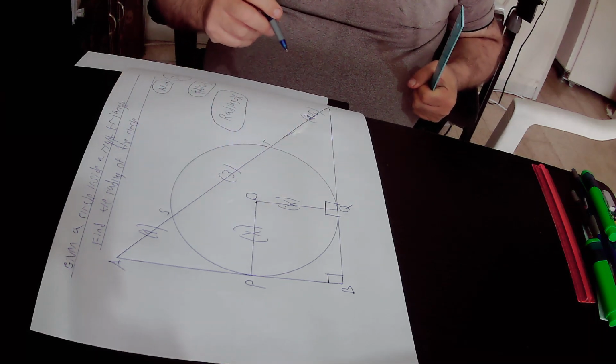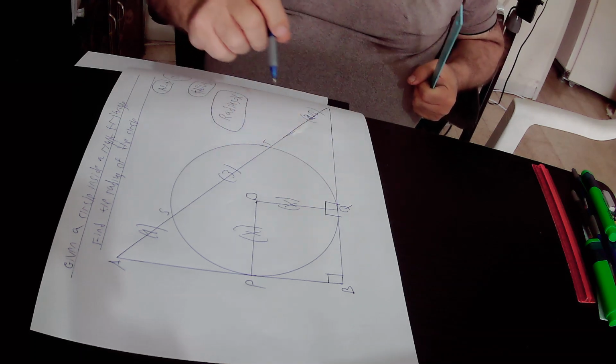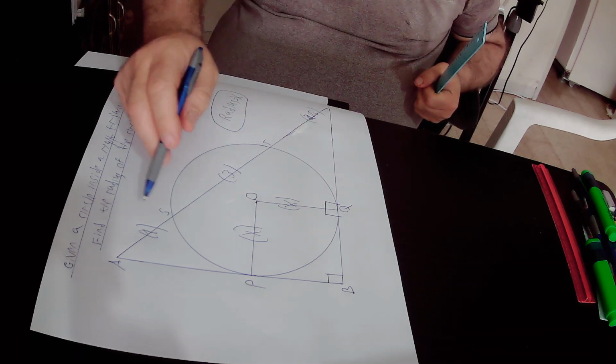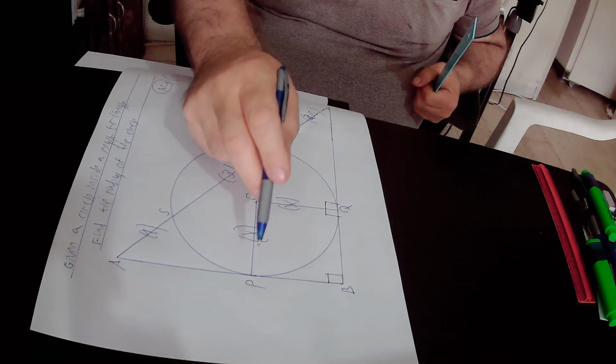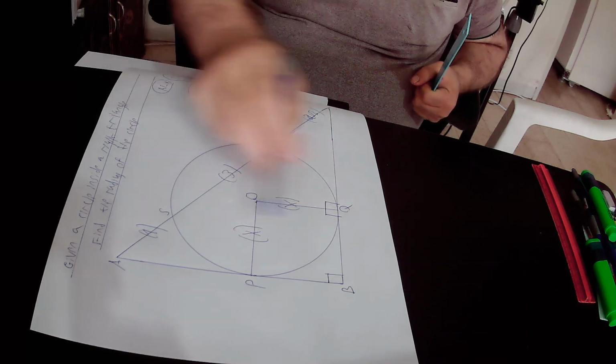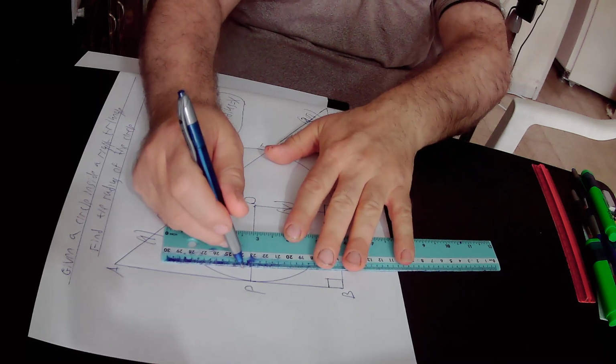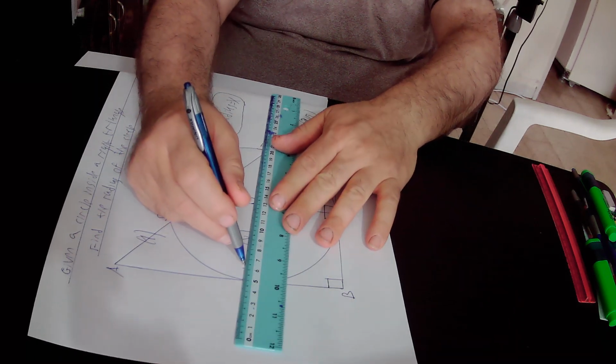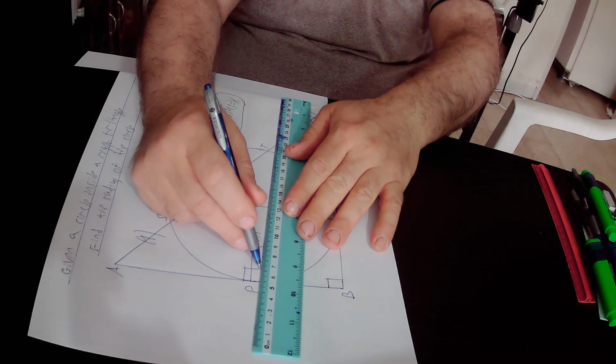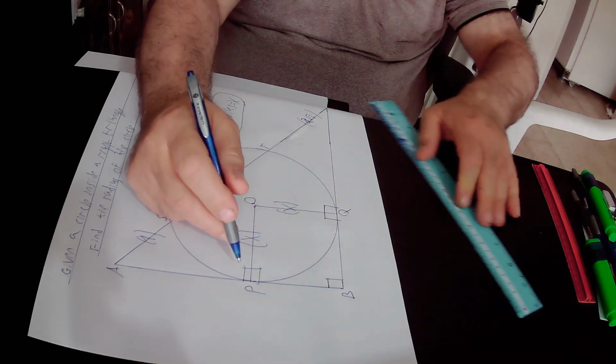And whenever you have a radius that is drawn to the point of tangency, then tangent AB will be perpendicular to the radius PO. If AB is perpendicular to PO, it means that this angle equals 90 degrees and this angle also equals 90 degrees according to rule 1.